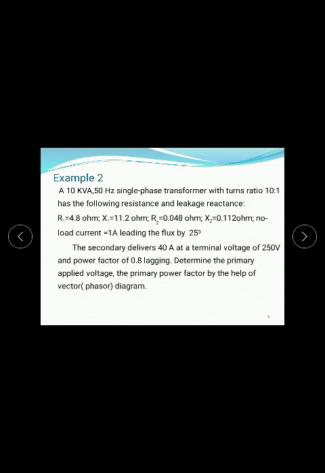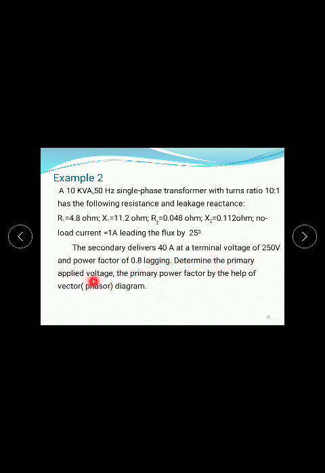Load current means the secondary current. The secondary delivers 40 amps at a terminal voltage of 250 volts and power factor 0.8 cos phi2. This is the load current, and I0 is the no load current, given as 1 amp, leading the flux by 25 degrees.